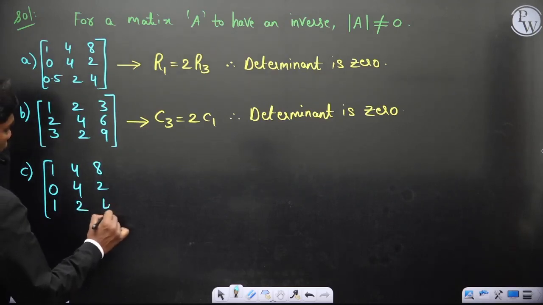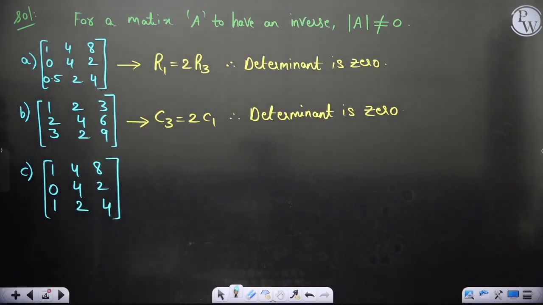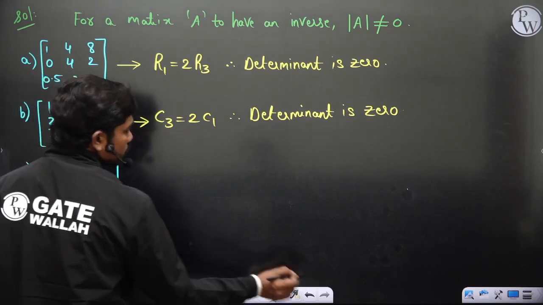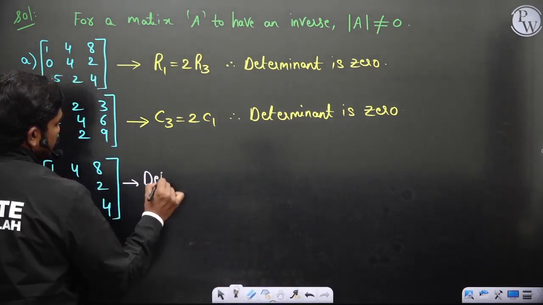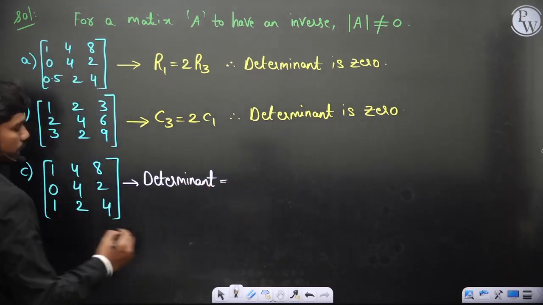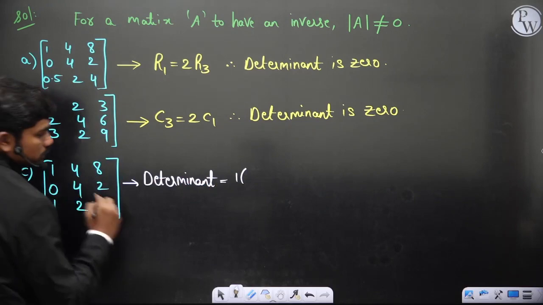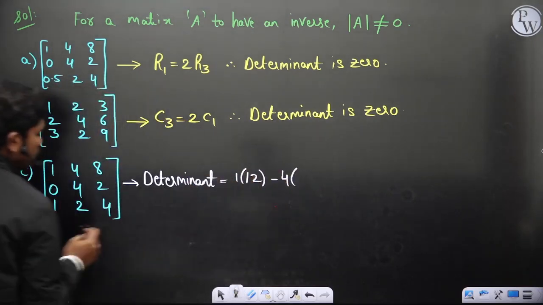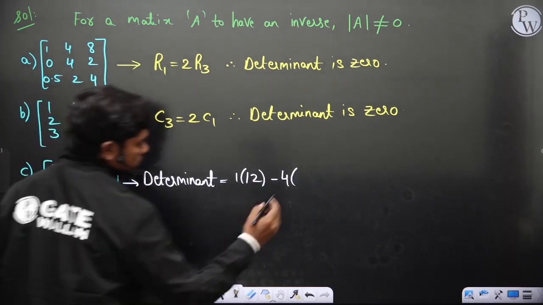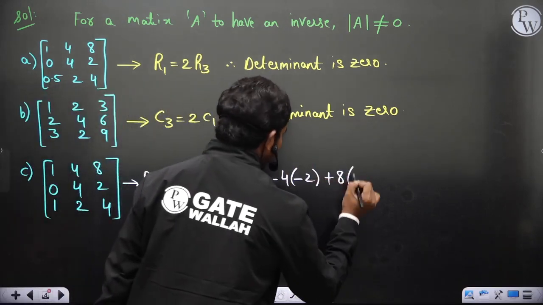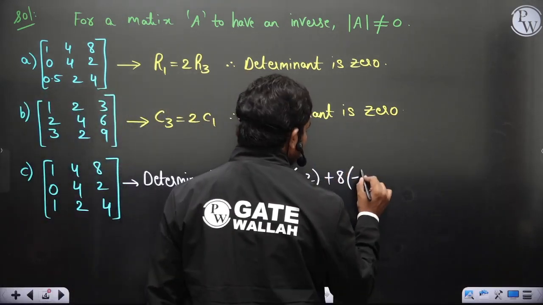Here you cannot directly say much about similarities, but if you calculate the determinant, it is 1 times (16 minus 4), which is 12, minus 4 times (0 minus 2), plus 8 times (0 minus 4), so this is minus 4.